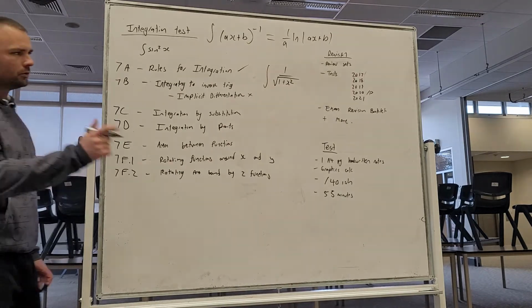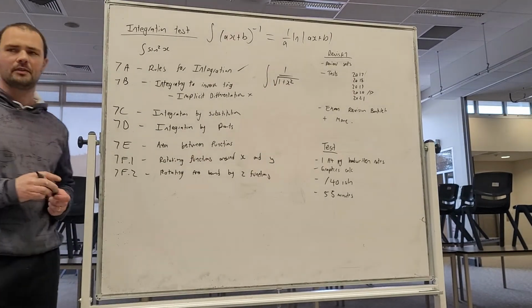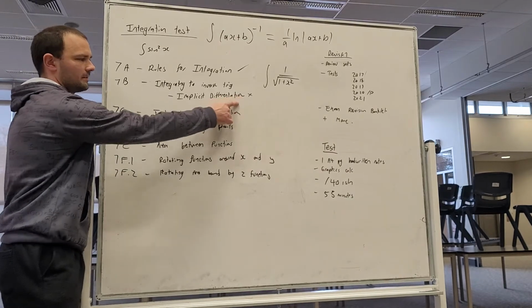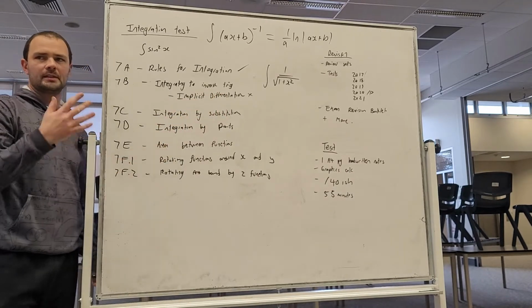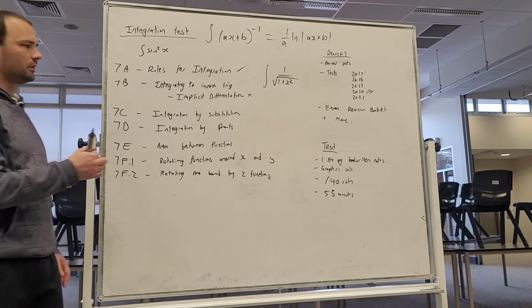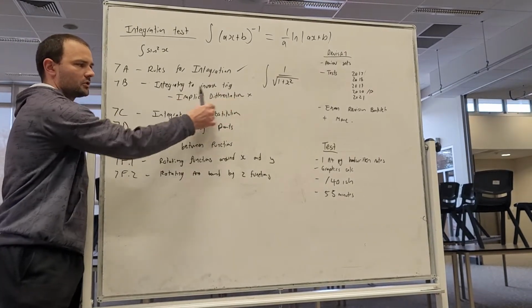Now, we proved those formulas at the start of that exercise, using a process called implicit differentiation. The proof of it is not going to be in the test. If you've been looking at the exam question booklet, you'll see there's quite a few questions in there that involve this language.